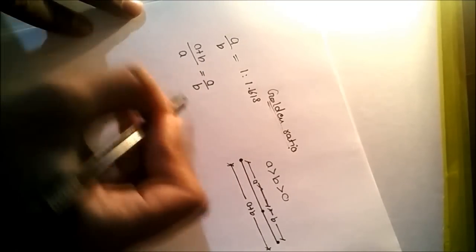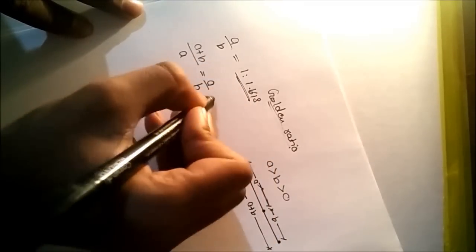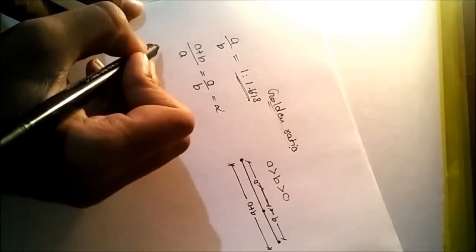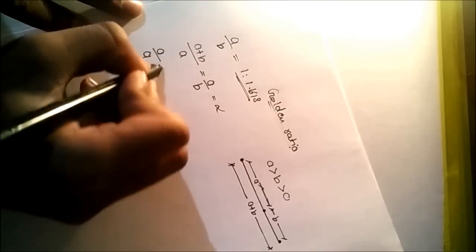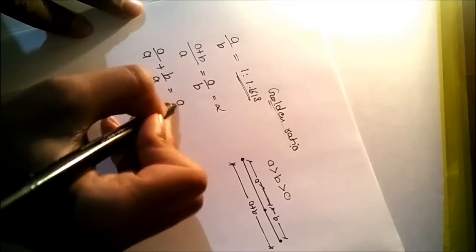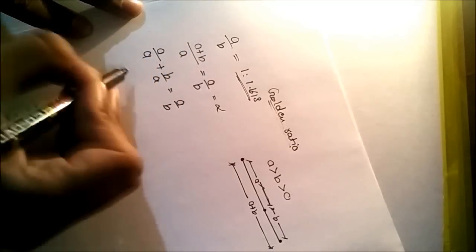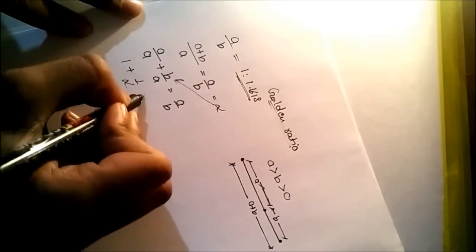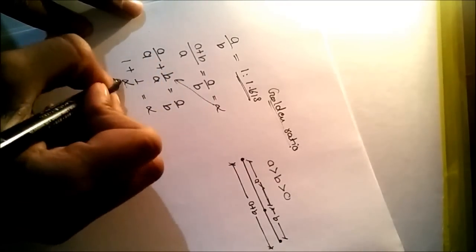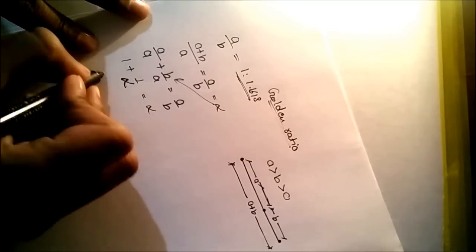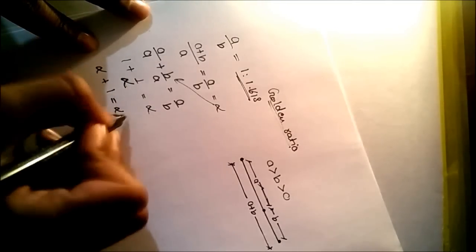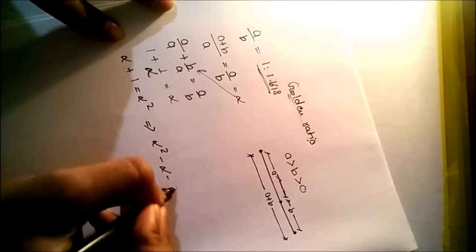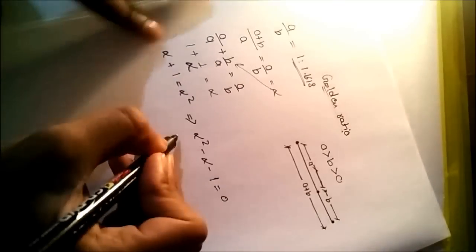Okay, let's derive for this value. We will give its constant alpha. Now A upon A, B upon A upon B, 1 plus 1 upon alpha equals alpha, so alpha square minus alpha minus 1 equals 0.